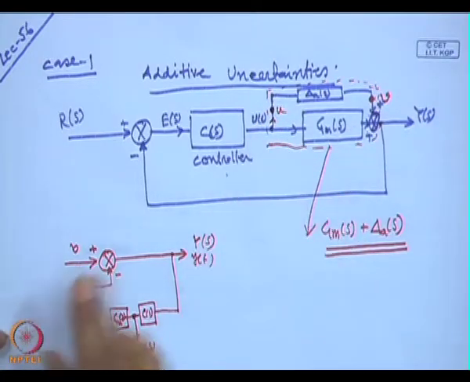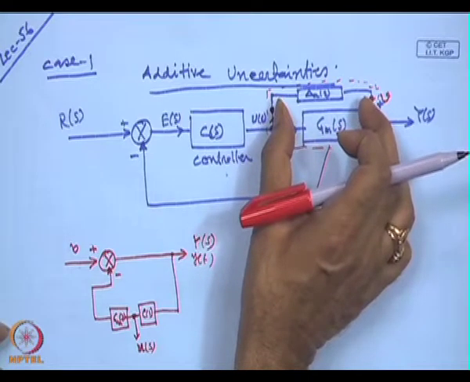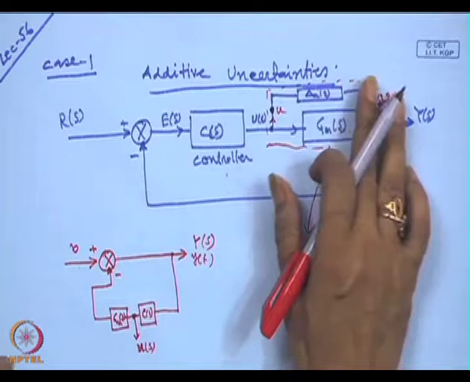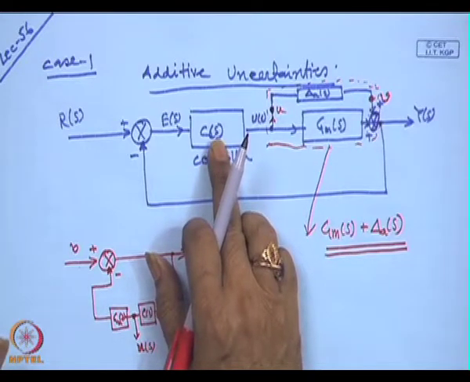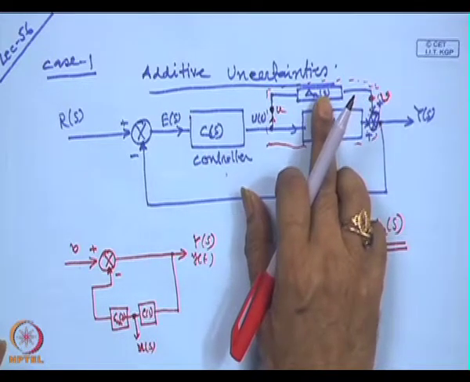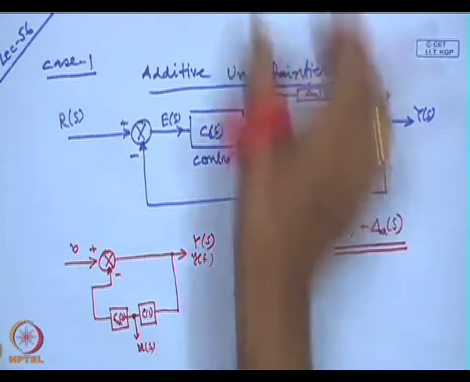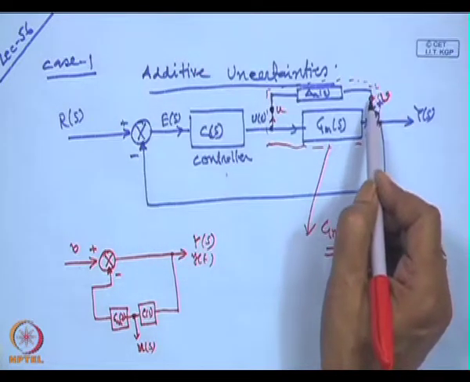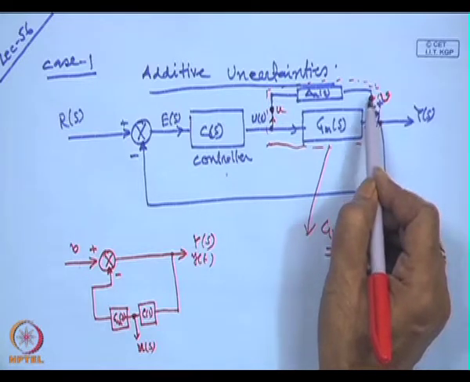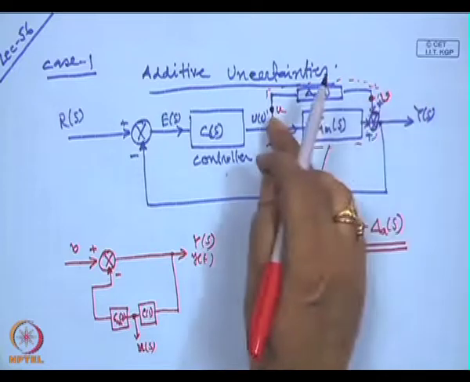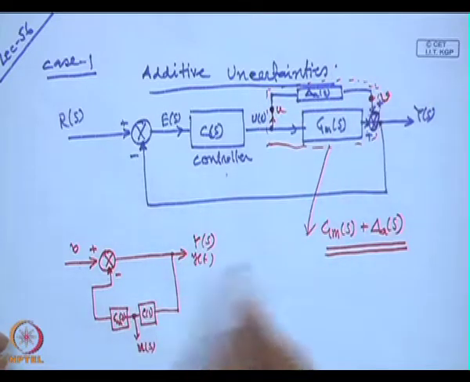In order to analyze whether the controller based on the plant model will be able to stabilize the perturbed model or not, we remove the perturbation model, and the way it is connected is denoted by these 2 points V and U.